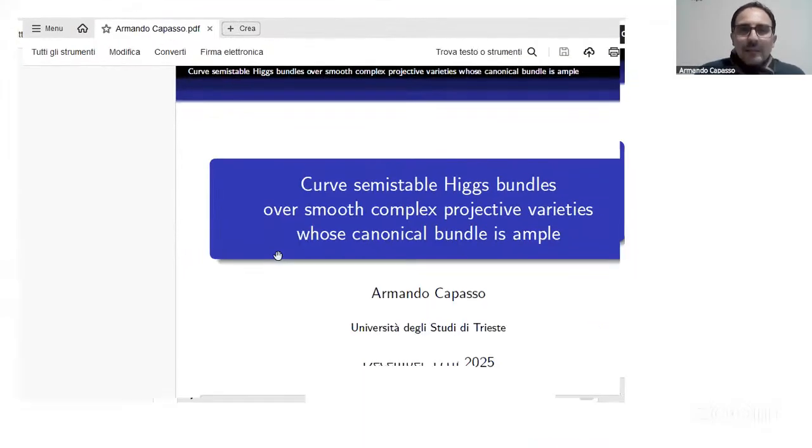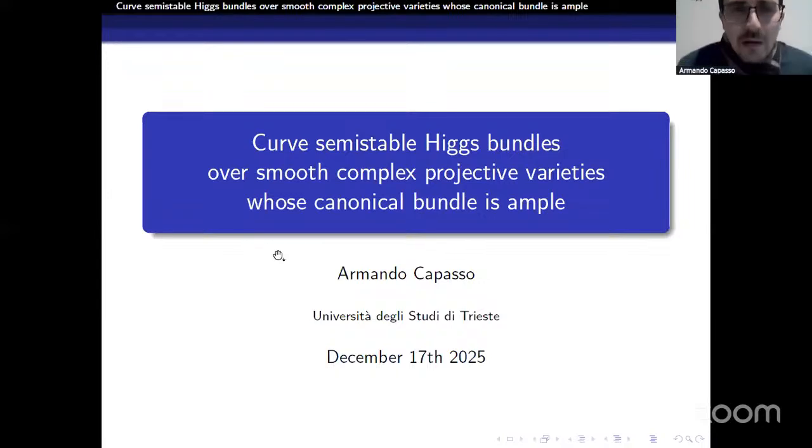As Marina said, I shall talk about curved semistable Higgs bundles over smooth complex projective varieties whose canonical bundle is ample. This talk is divided into three parts. Part 0, where I recall the basic definitions about Higgs bundles and Higgs sheaves.